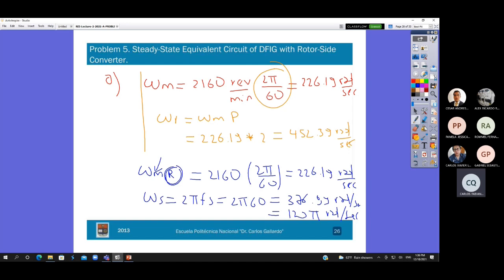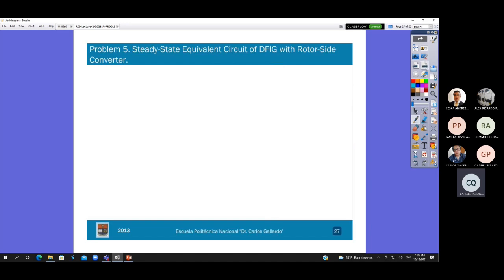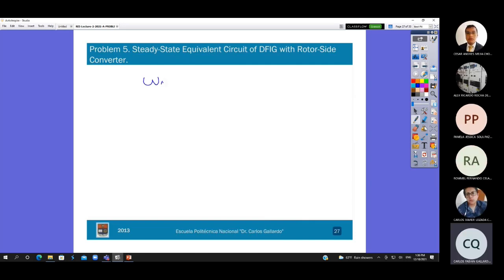So now let's compute the speed ratio. Because the base is equal to the rated value, this value is equal to the per unit value. This is the speed ratio, equal to the speed, my first speed, compared with the rated speed.